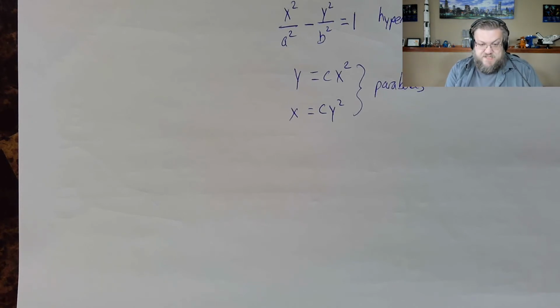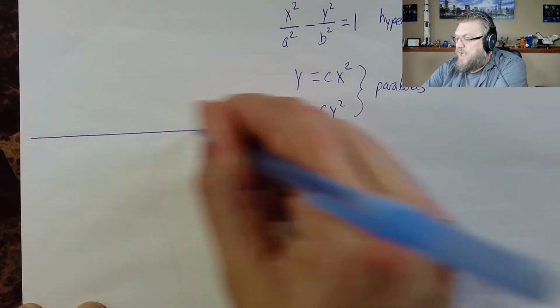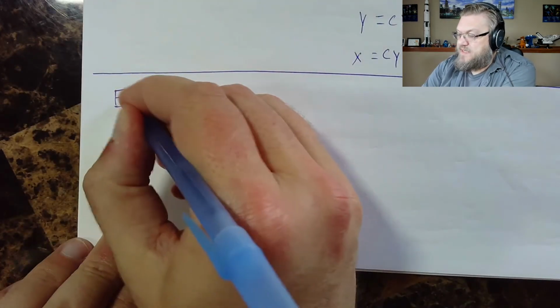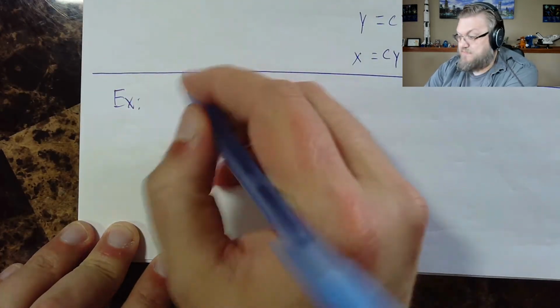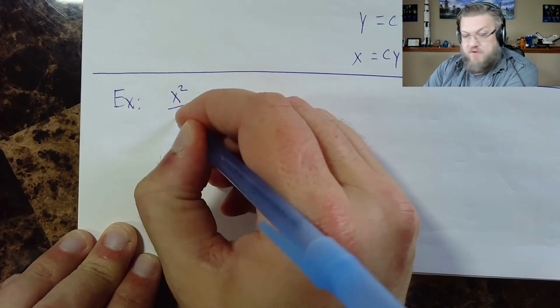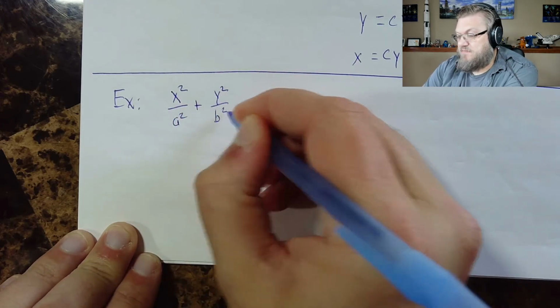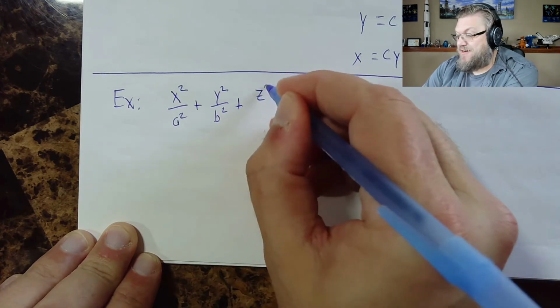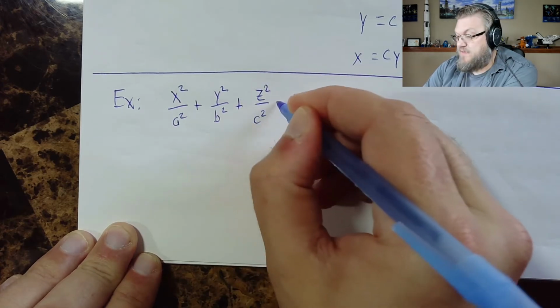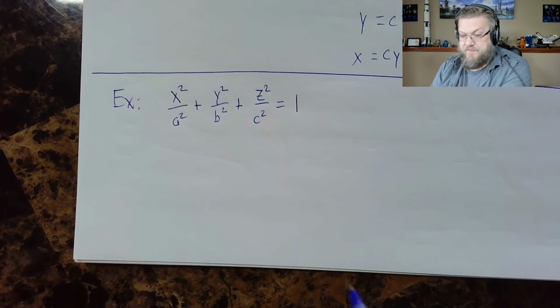And usually that constant is 0, right? So for example, here is an example of a quadric surface. x squared over a squared plus y squared over b squared plus z squared over c squared equals 1.